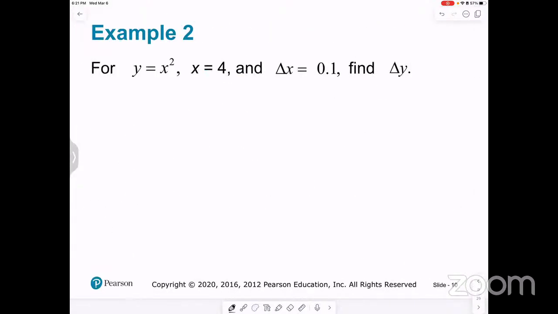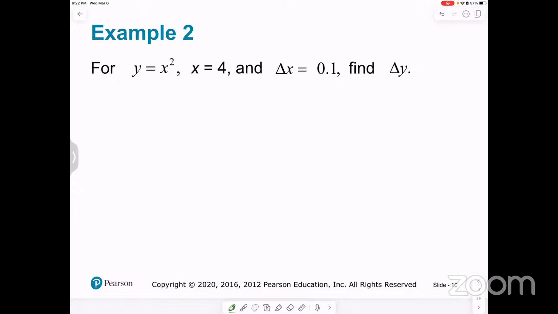Okay, so for this y and this x and this change in x, find the change in y. Okay, I'm going to kind of do this from scratch. It might not match what they have, but let me see. Do we know the slope?